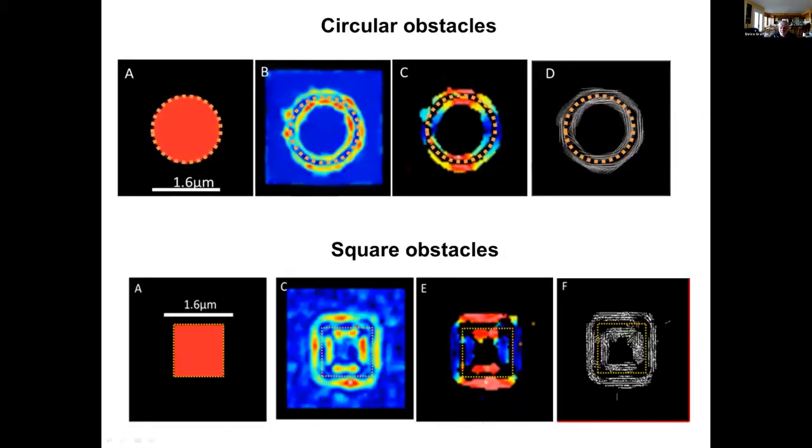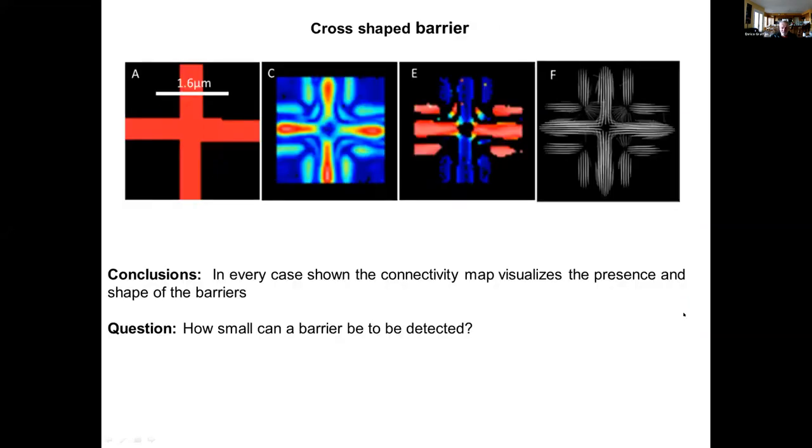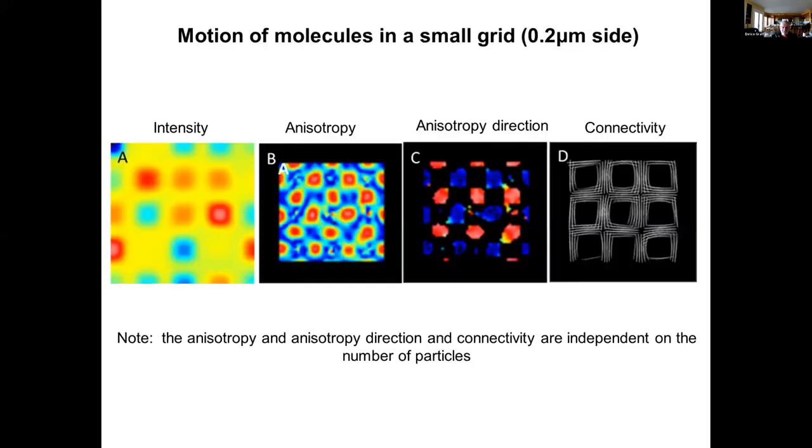And this is different for, for example, a circular particle, where we have only two. And then if you have square particles, we also have two, one on each side. And finally, if we have a cross or any other shape, we can see the particles going in one direction but not going in the other direction. So we can tell where the barrier is, what the shape of the barrier is, at least locally, and whether the particle can cross or not.